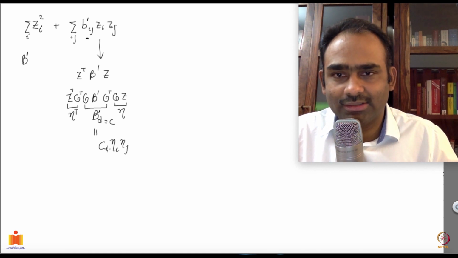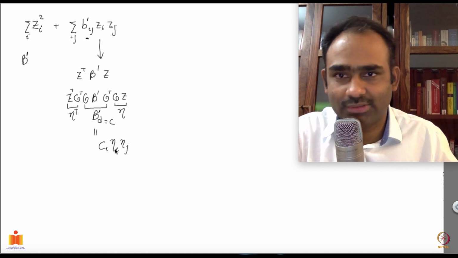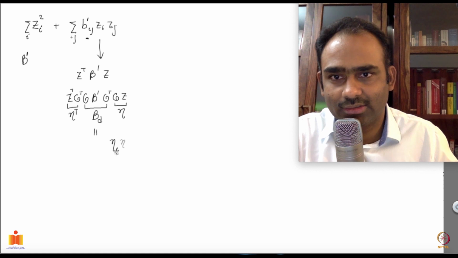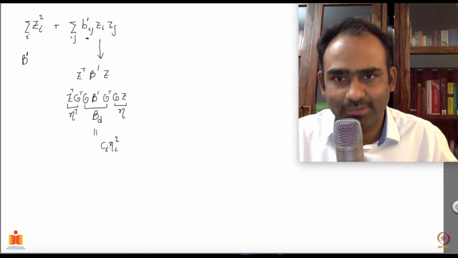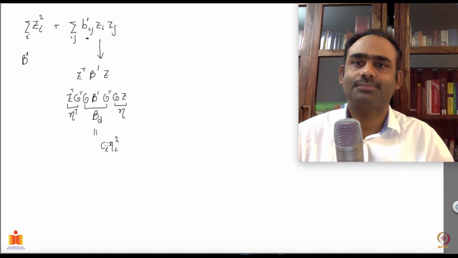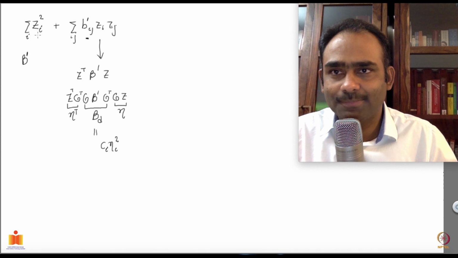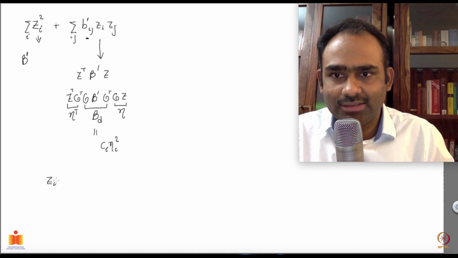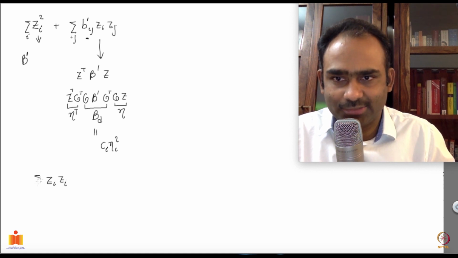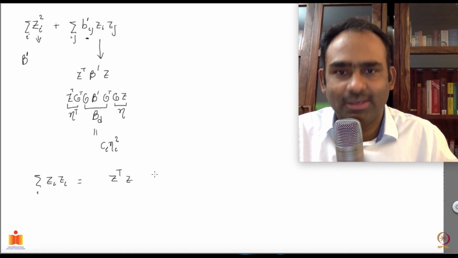Because this is already diagonal, let's call these entries Ci, so you get Ci eta i squared. Because it's diagonal, that's what you are going to get. Now let's look at this other piece. Your sum of zi squared over i is the same as z transpose z. And what has happened to z?